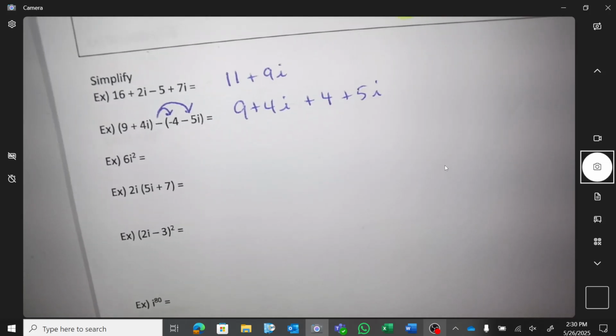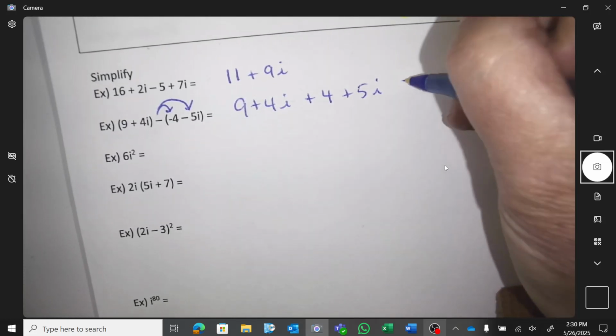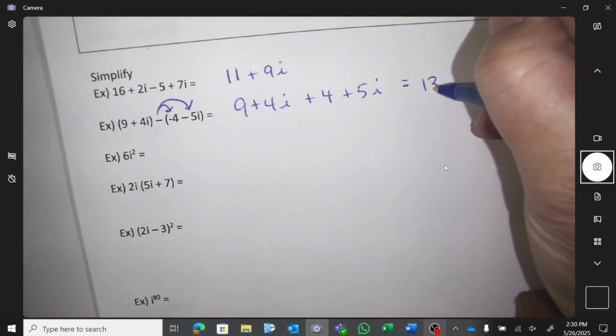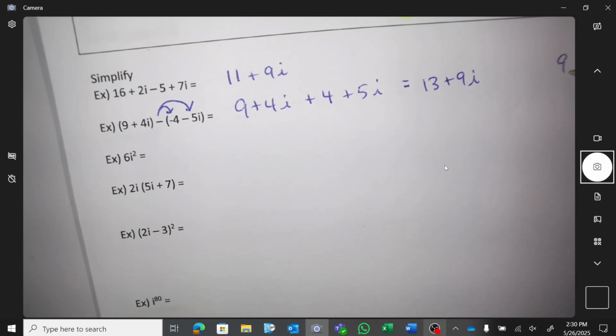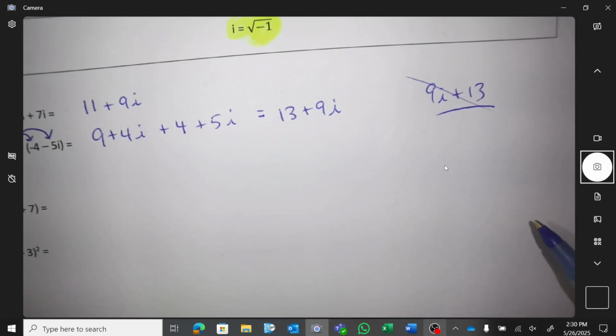So once you collect like terms, you get 13 and an add 9i. I think the normal general rule is to write the real part first and then followed by the imaginary part, just writing the real plus the imaginary.